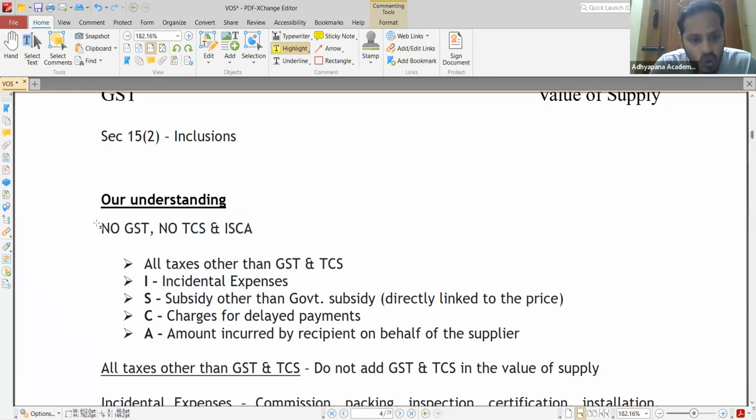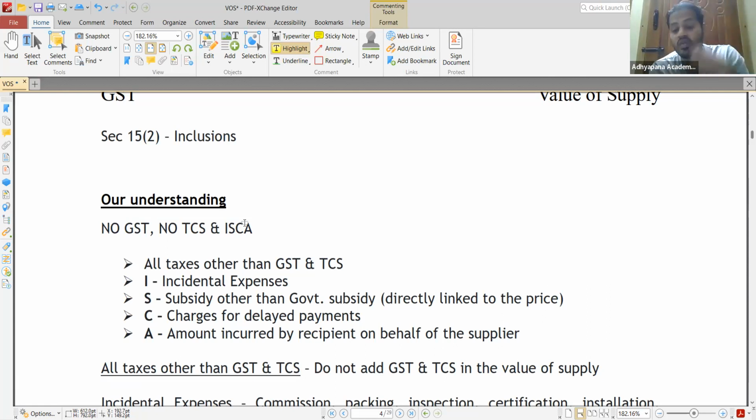Which is nothing but no GST, no TCS, and ISCA. Tell me: no GST, no TCS, and ISCA. So inclusions is nothing but no GST, no TCS, ISCA. Come on, repeat: no GST, no TCS, ISCA. This is with respect to 15.2.